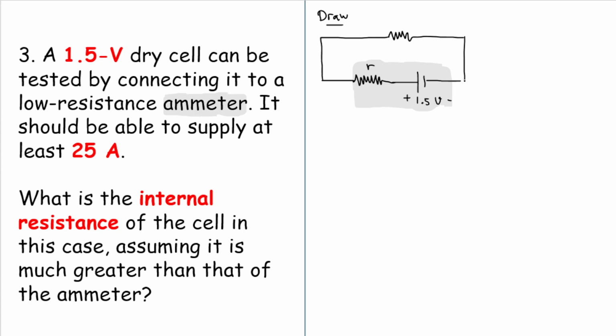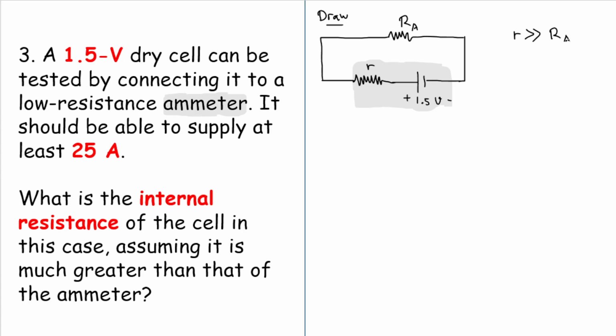Let's model that as a resistor, and let's name this as R of ammeter, R_A. Okay, and then we have our assumption, right? The R_A is much smaller than R here. So R here is much greater than R_A.